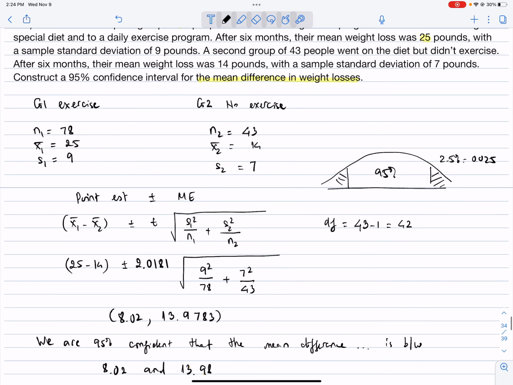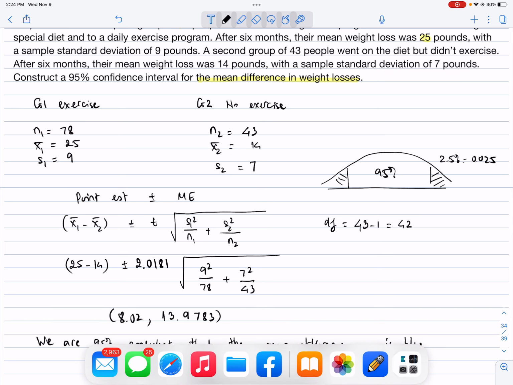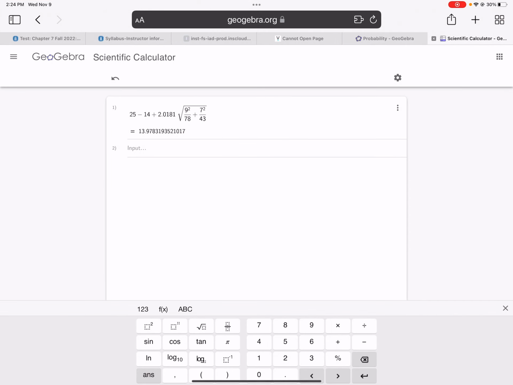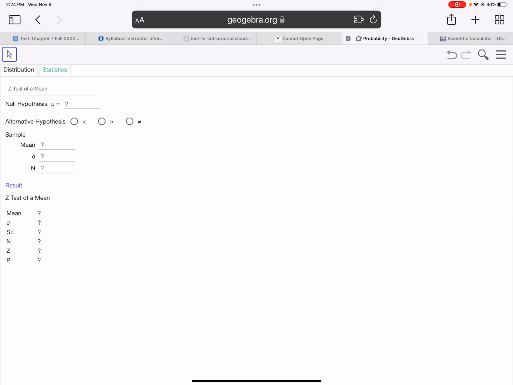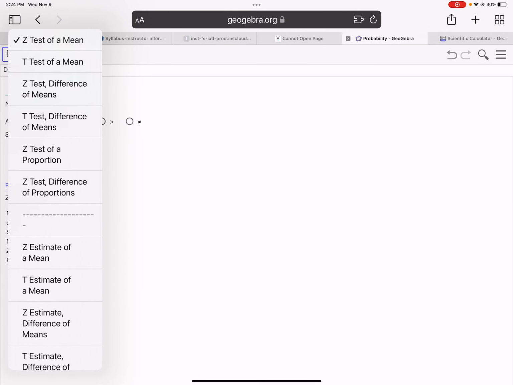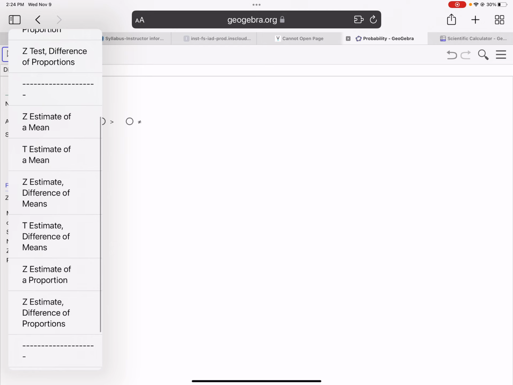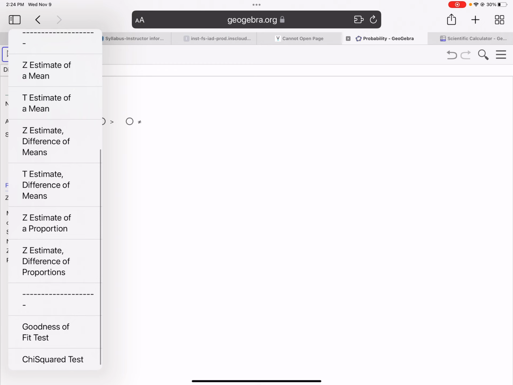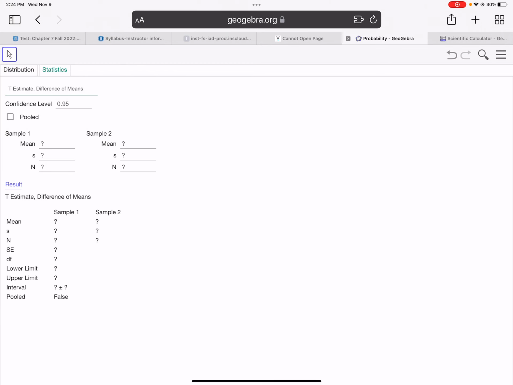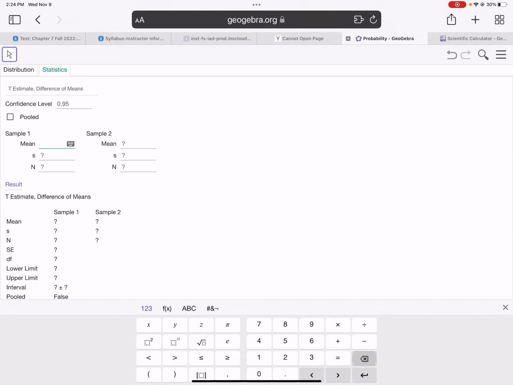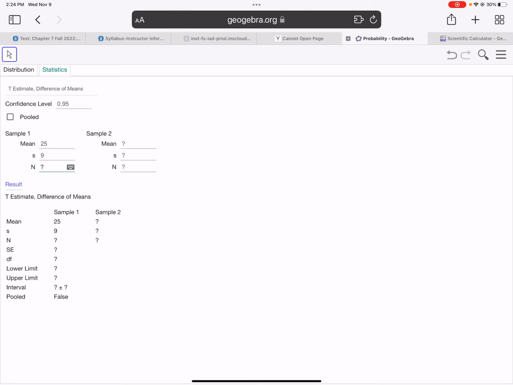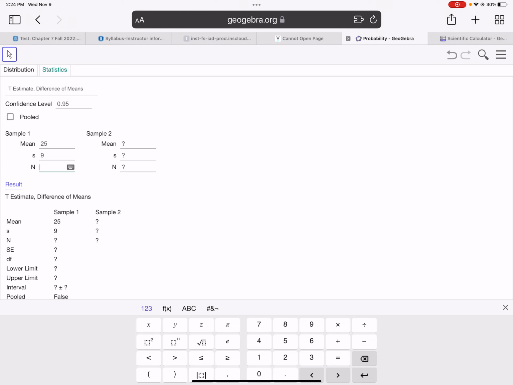So we can also solve this problem using GeoGebra. You click on Statistics, and then you choose the estimate for the confidence interval. So we will choose the t estimate, difference of the means. The confidence level is 0.95. The mean is 25, the standard deviation is 9, and the n is 78.